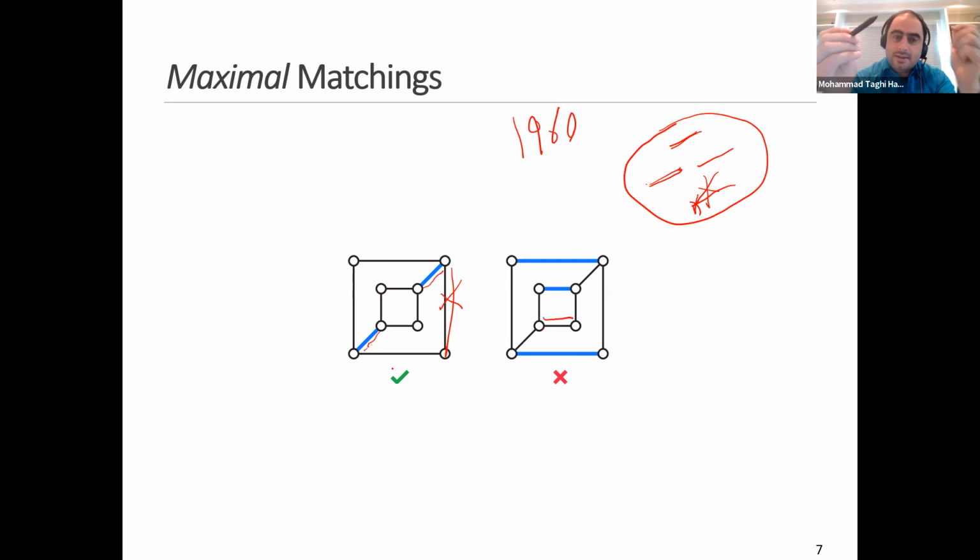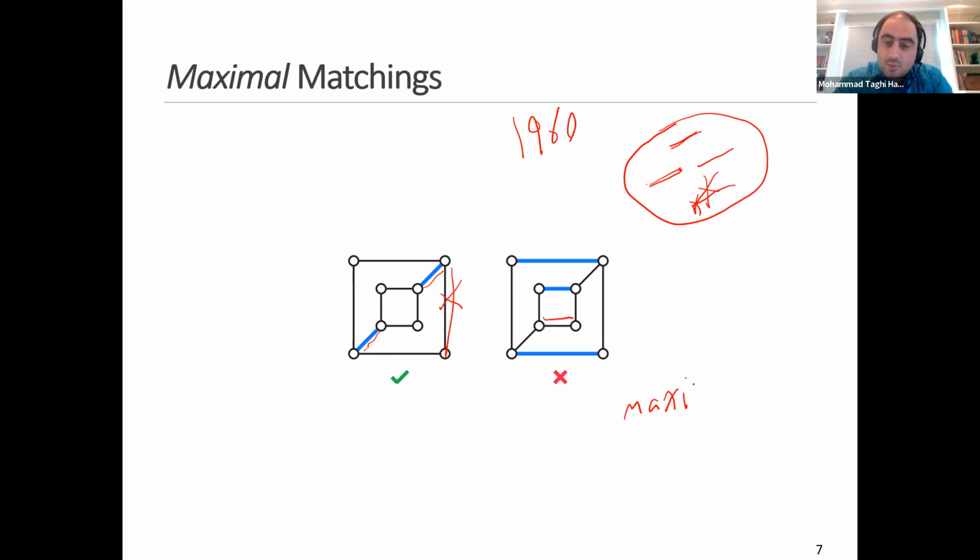Interesting things that we have, and we can prove it. In general, maximal means locally maximum, but not globally. Here the size is 2, it is not maximum, but locally we cannot add any more edges. Here the size is 3 and it is still not a maximal one.